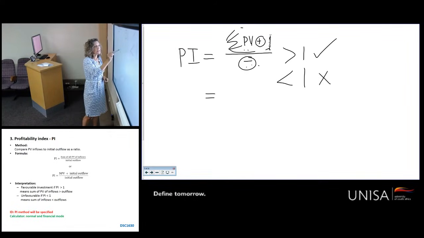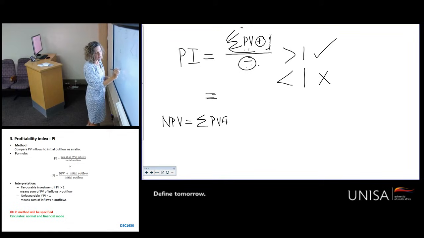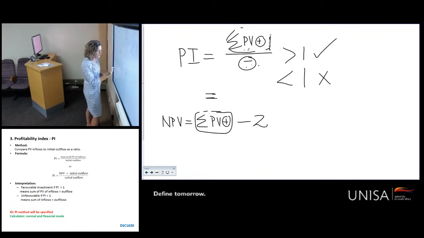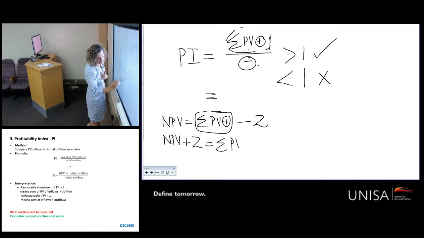Now this profitability index, because of the formula of our net present value, if you think of NPV, what is this? It is the sum of your present value minus the Z value or the outflow. So if we know that, we can take that over, and then NPV plus your Z value is the sum of your present value.